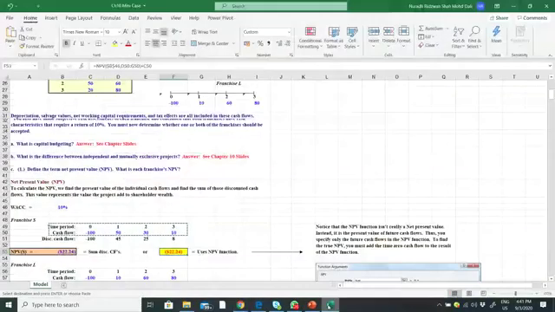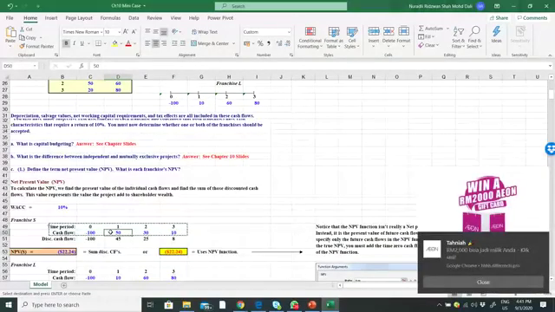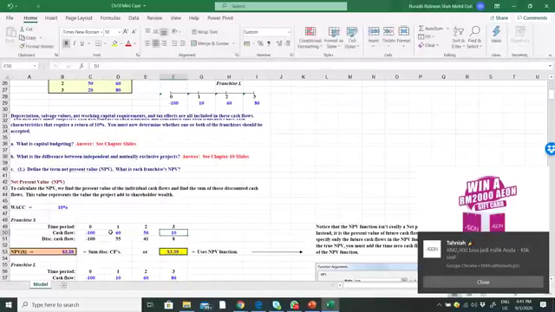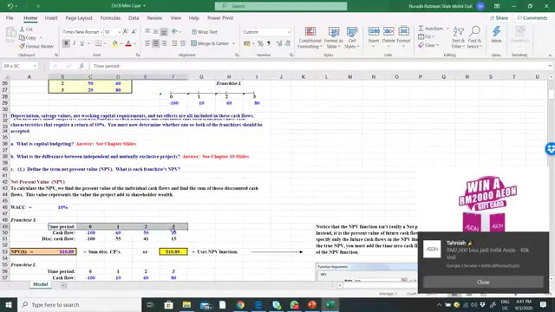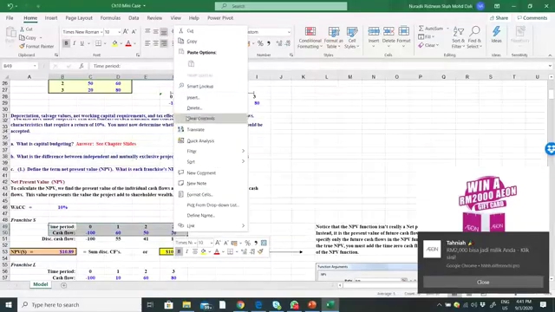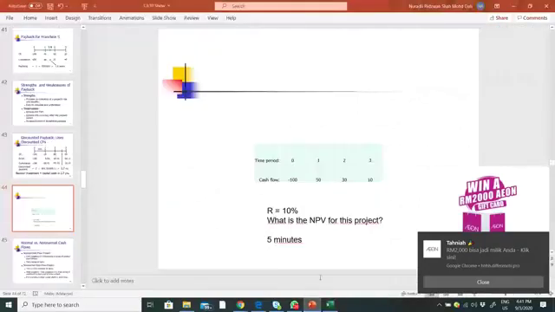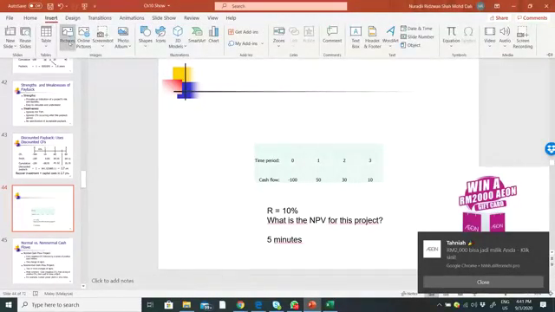Okay, I'm giving you another one. This one should be 60, then this is 50, then this is 20. Okay, if I have another one, new slide.